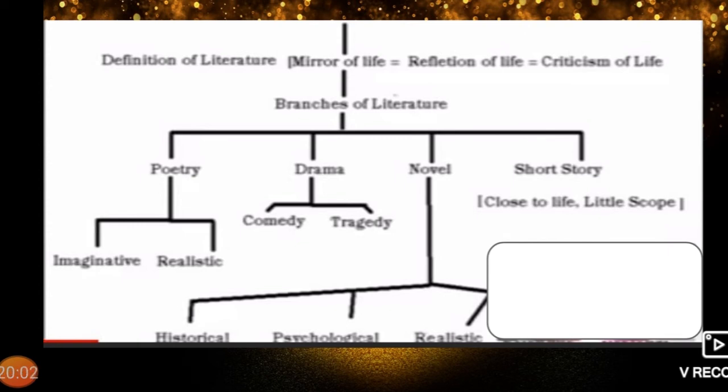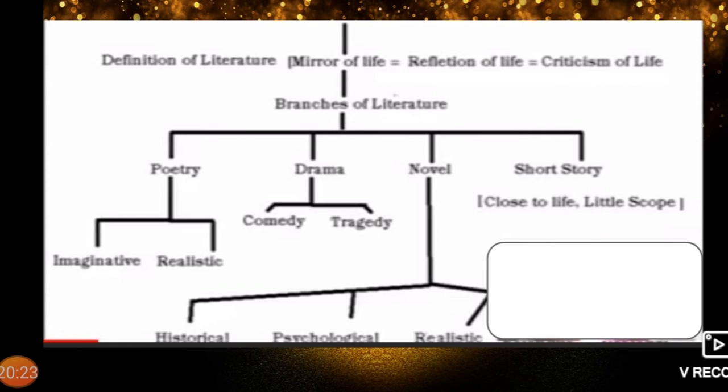As we have already studied in our 11th standard the history of the drama genre, here we are studying the history of novel. I hope you remember that in 11th standard I also explained the types of literature and what literature is.